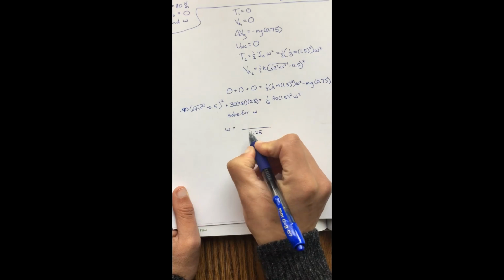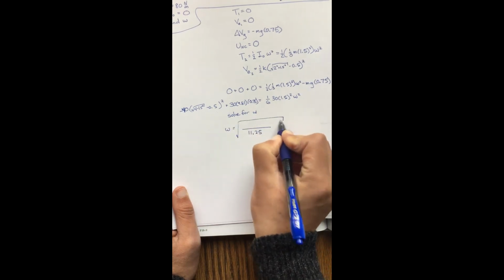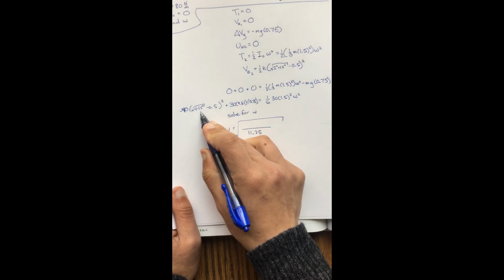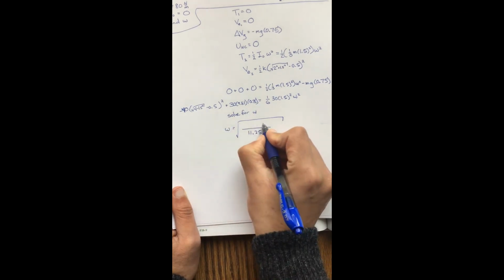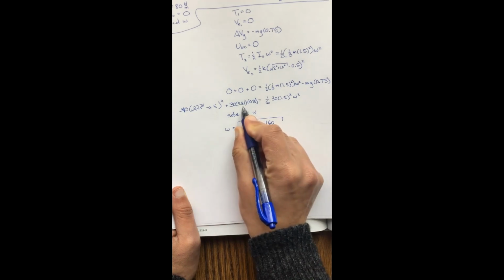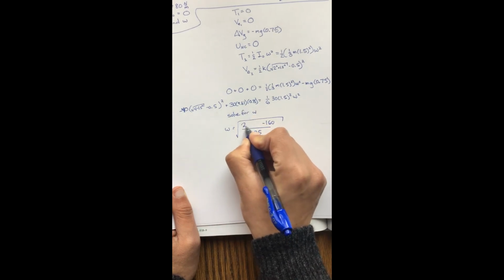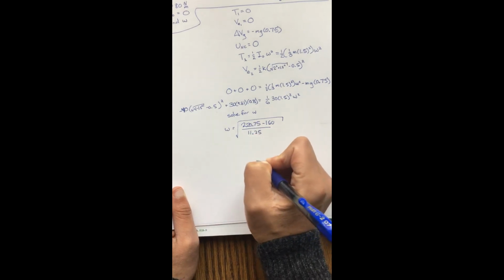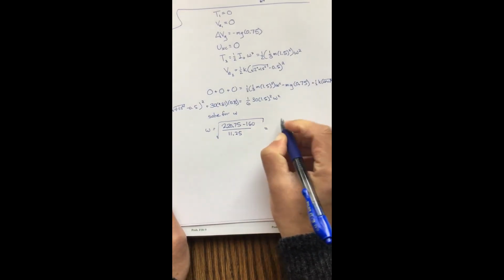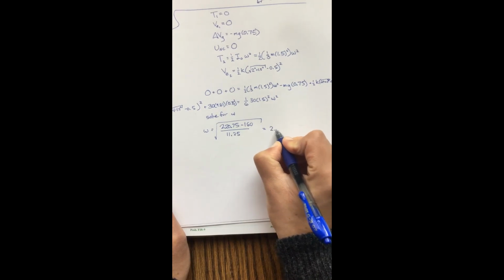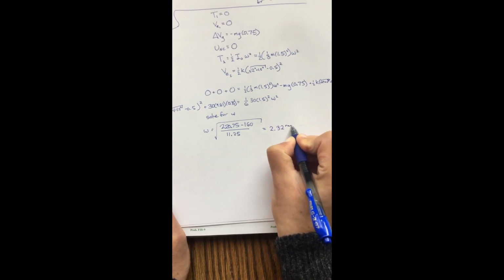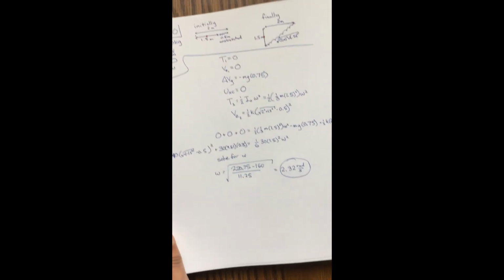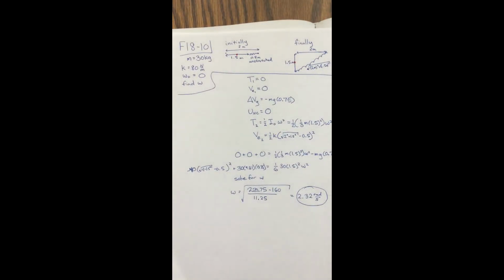We can divide both sides by that, then take the square root. And what we have here, this is negative 160, and this is 220.75. And so we get, for our final angular velocity, 2.32 radians per second. That concludes fundamental problem 10.